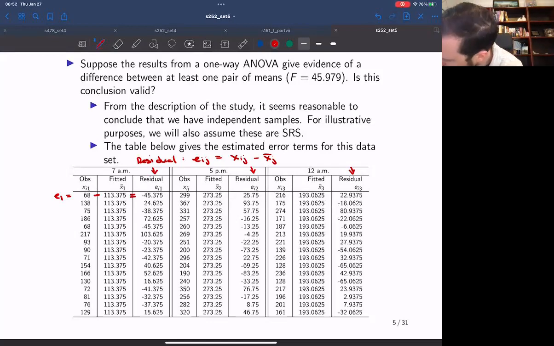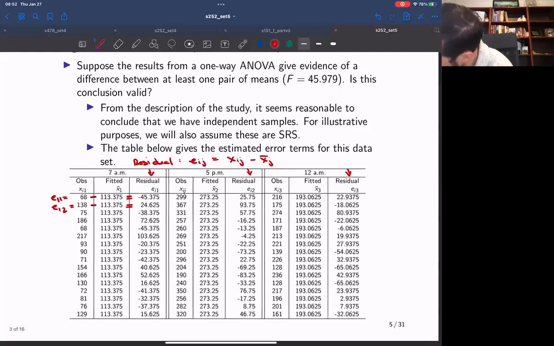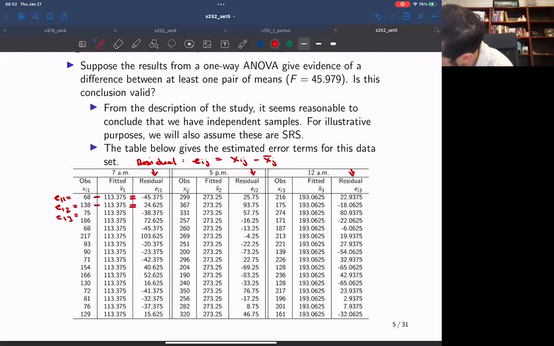Similarly, e21 is equal to 138 minus 113.375, which equals 24.625. e31 is equal to 75 minus 113.375, which equals negative 38.375. Okay, and then that same process continues all the way down the line.